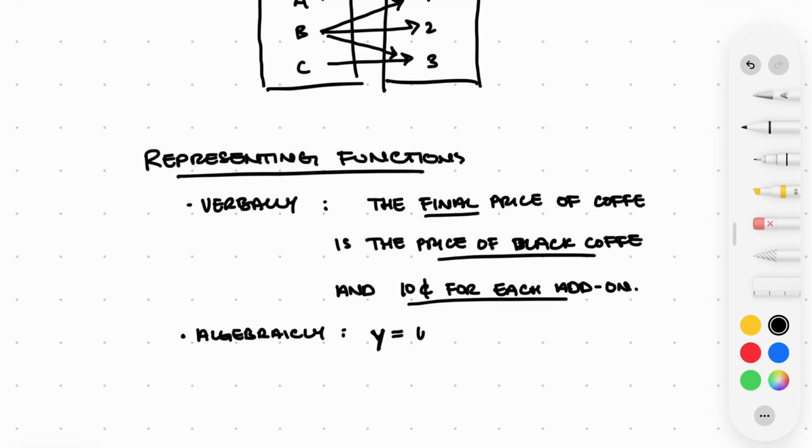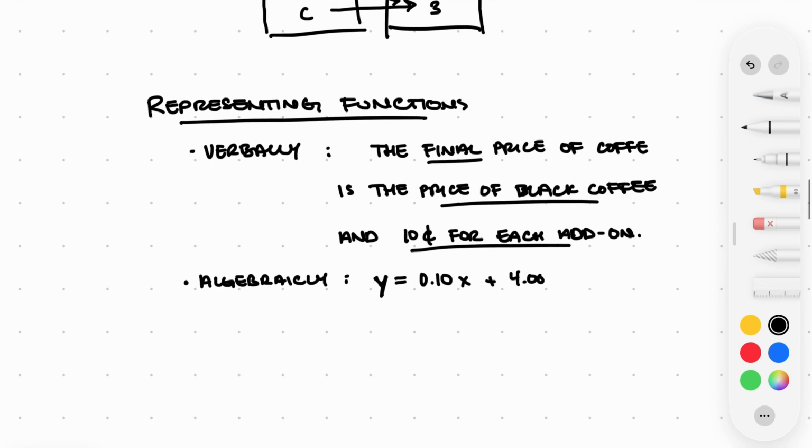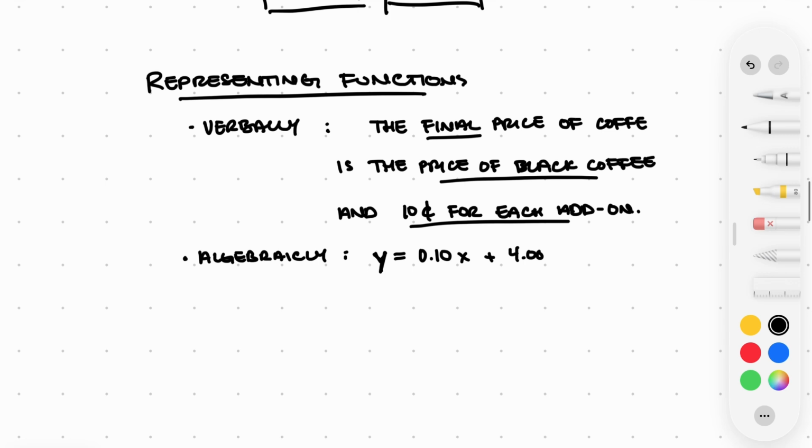So I'll just put 0.10 times x plus, and then whatever the black coffee is. So black coffee, let's say, is $4. All right, so you see that it's y is equal to 10 cents plus the 4 base dollars there.